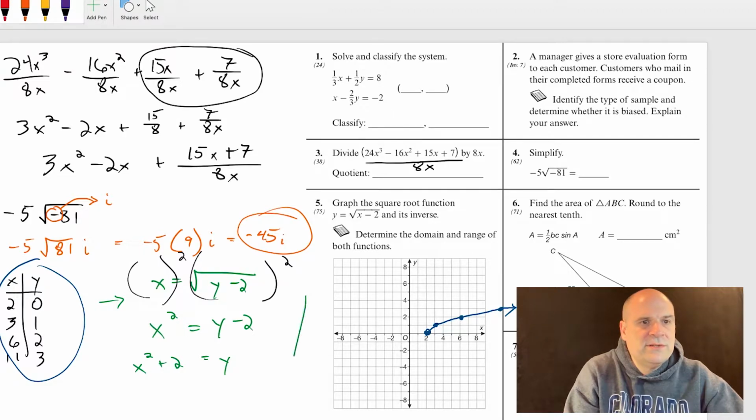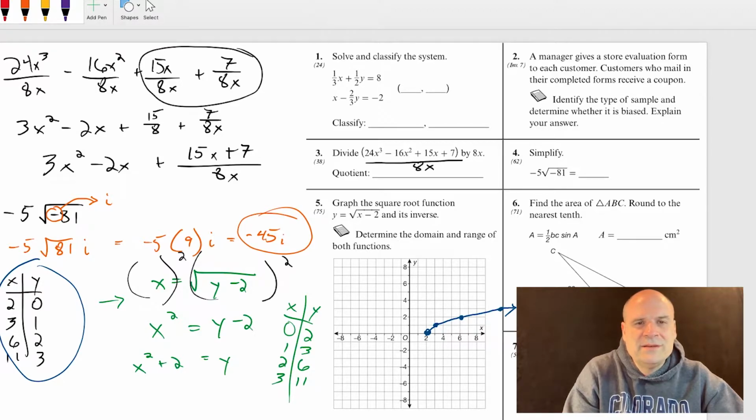All right, so let's do a little xy chart for that. So let's say x is 0, y equals 0 plus 2, which is 2. X is 1. That's 1 squared is 1, plus 2 is 3. When x is 2, you get 4 plus 2 is 6. Okay, when x is 3, you get 9 plus 2, which is 11.